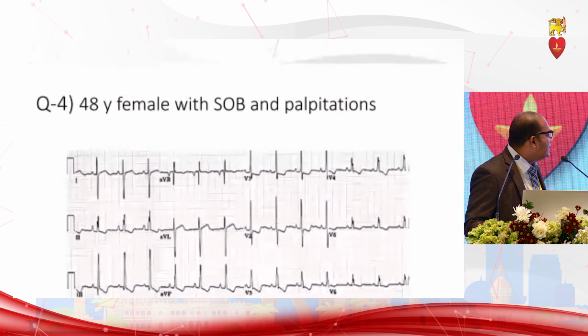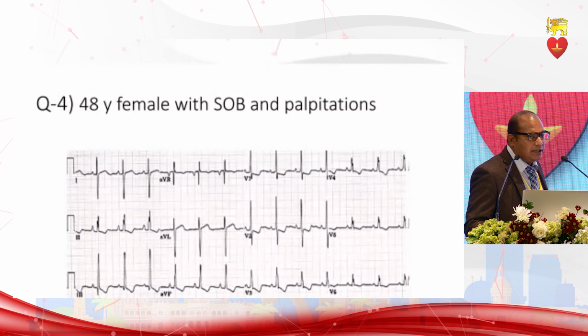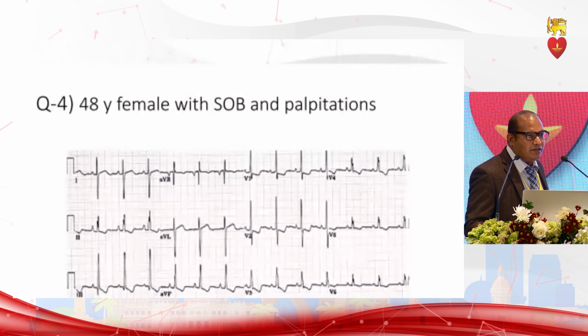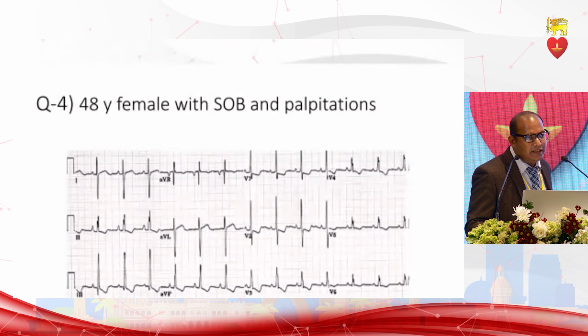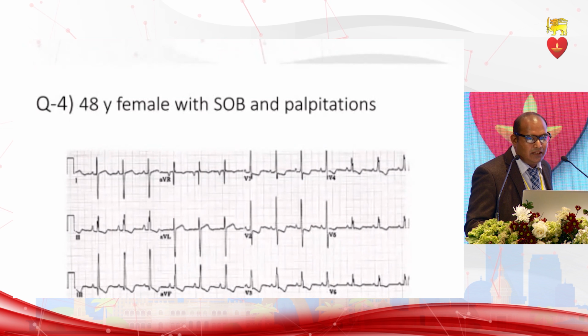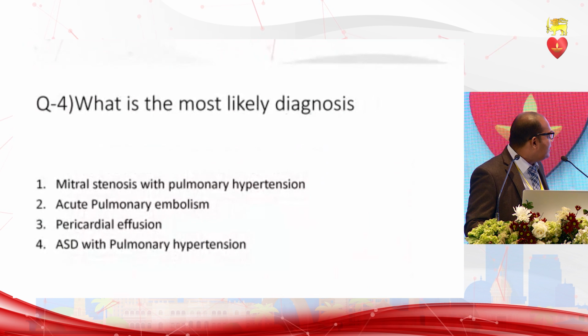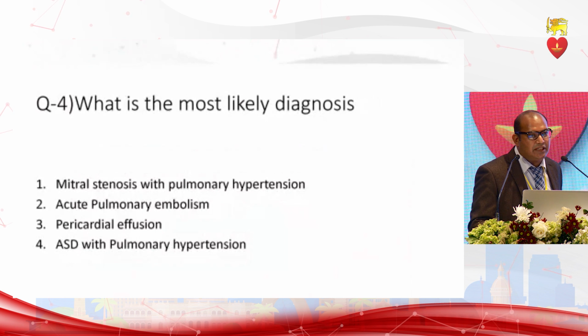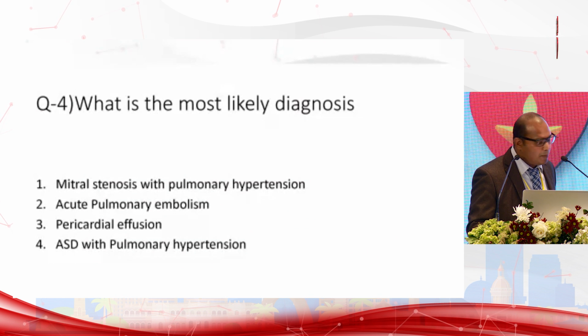In addition, you have the classic feature of P pulmonale, which reflects right atrial enlargement, together with right ventricular hypertrophy, and without any tachycardia and without the classic S1Q3 pattern on ECG, it is not pulmonary embolism. In a significant pulmonary embolism with ECG changes, you should have some tachycardia. So it's not there. Therefore, the right answer is ASD with right ventricular hypertrophy and right atrial hypertrophy as a classic ECG.